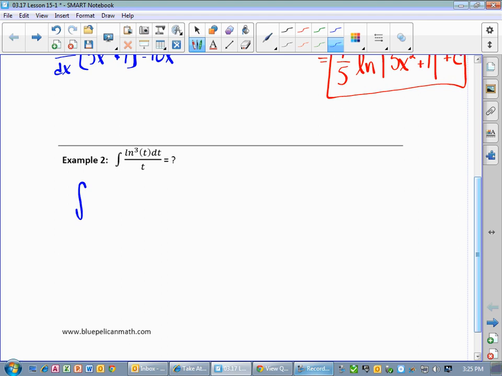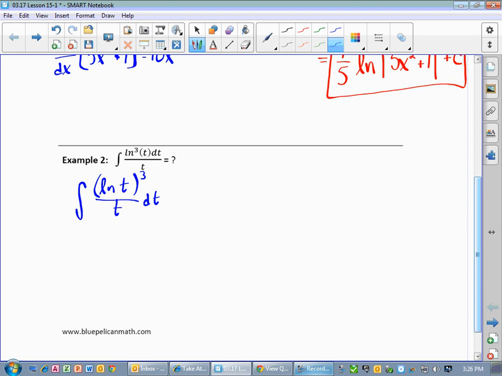That just means the ln of t quantity cubed. So ln of t cubed over t dt. Now we said the derivative of t was 1, and while the 1 is there, it doesn't help us explain away this ln of t, right? So we still have a problem there.